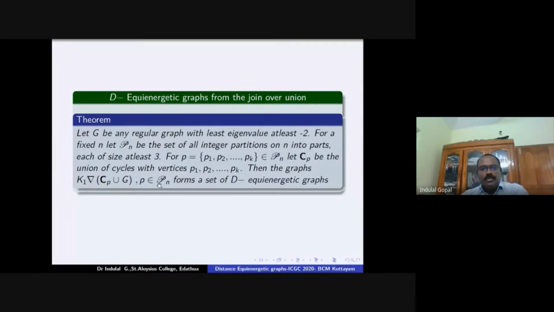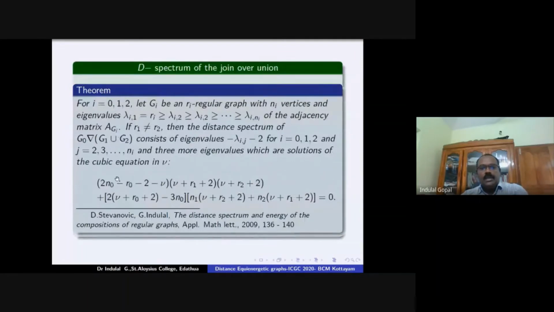And that follows from this expression, because for the constituent graphs G and CP, the least eigenvalue is -2. So this term -lambda_ij - 2 is always negative.